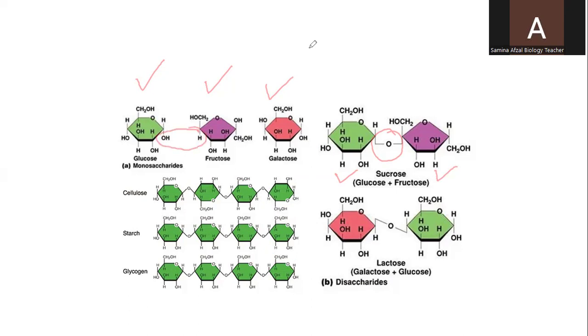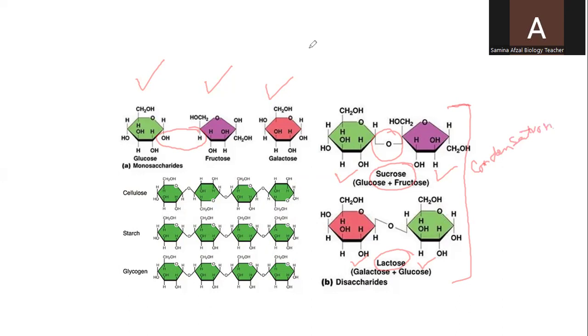That forms a sucrose molecule. And when one glucose molecule joins with galactose, lactose is formed. In all three cases, it is a condensation reaction, that is, the removal of water molecules.